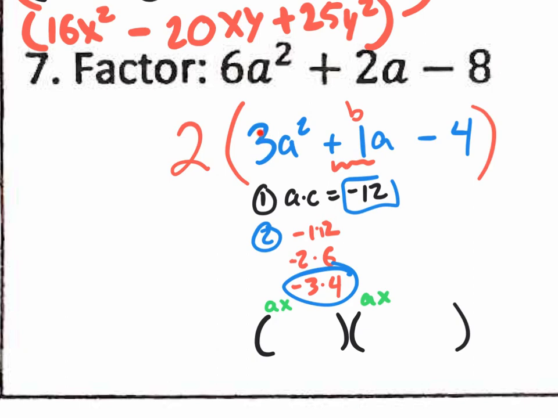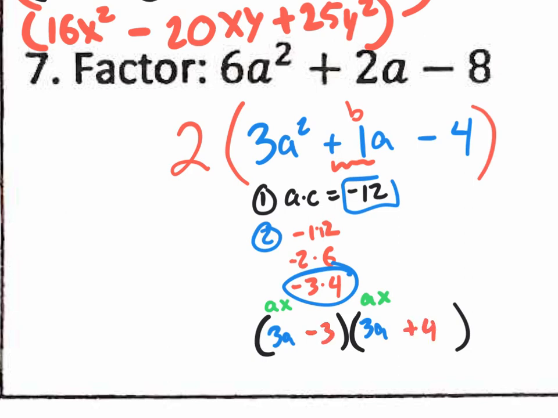So put the 3a in both positions right here. And what happens to these blank spots right here? The minus 3 and the positive 4 go right in there.